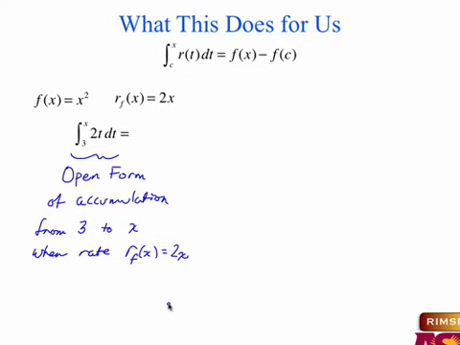So we can rewrite this how? Right? F of, try again. Almost. No. It's going to be, we want the final accumulation minus the initial, right? Isn't that what we just said in the example?